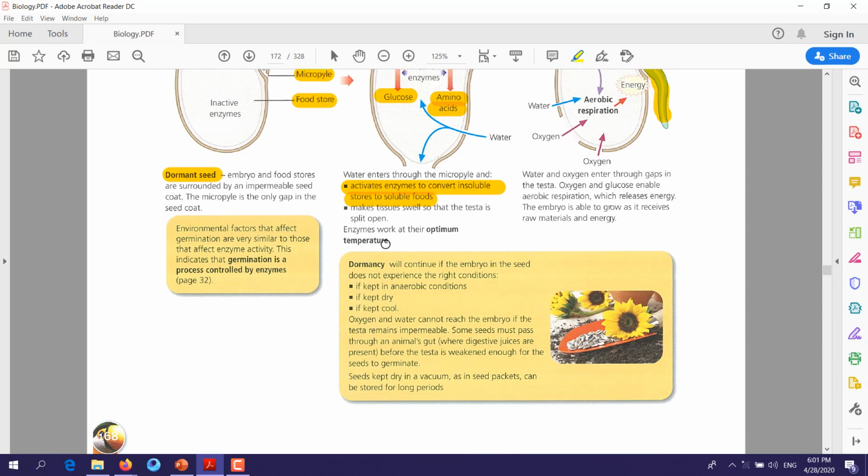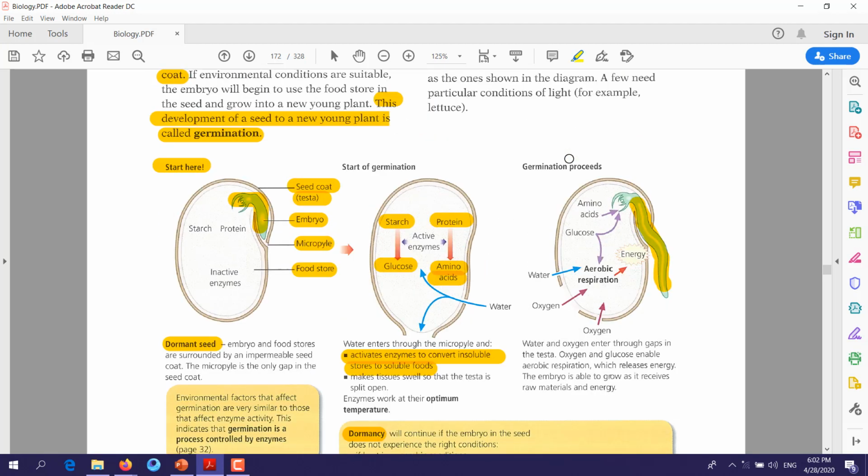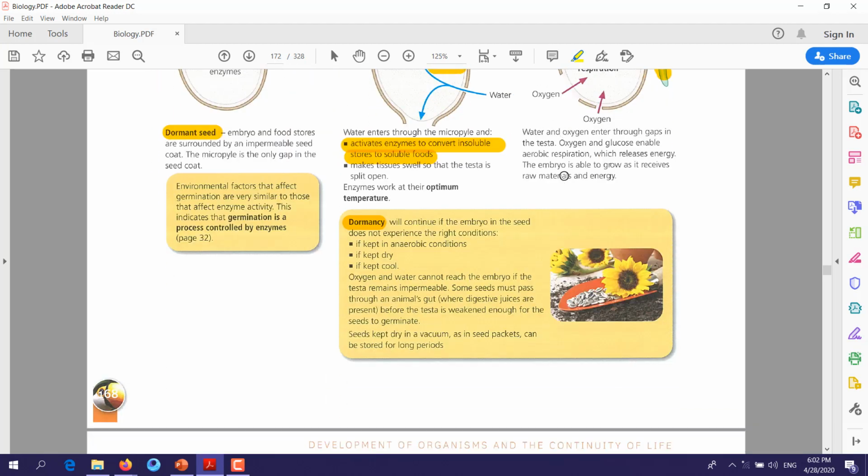One more thing here, we call it dormancy. Dormancy, we say, is the inactive stage of the seed. This inactive stage will continue until the seed has the requirements, or the conditions for growing, which are oxygen, water, and a favorable or suitable temperature.